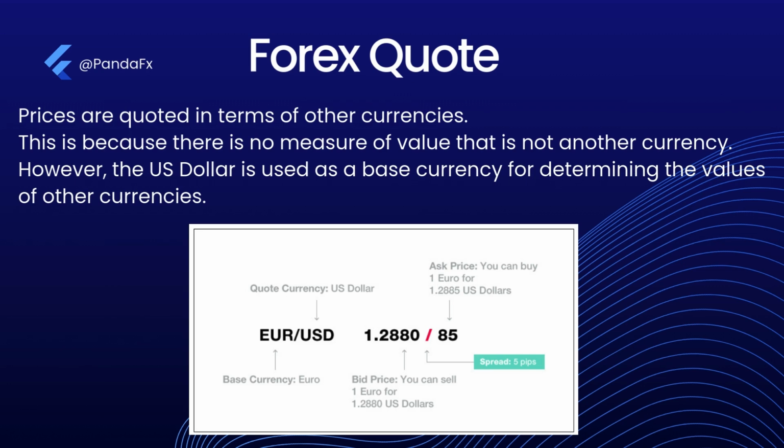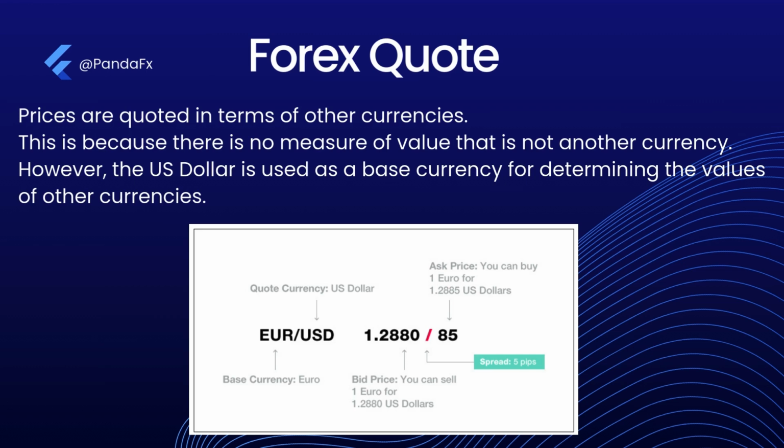1.2885. So sometimes you can check your chart and then see two prices. You might be seeing 1.2880, and on the other side you might be seeing 1.2885. That 1.2880 is the bid price, while the 1.2885 is the ask price.